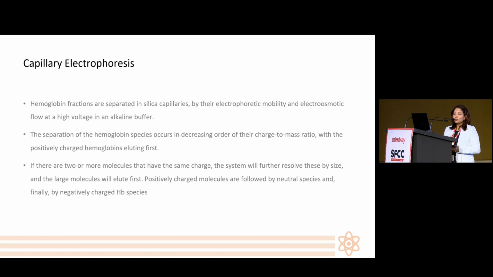If there are two or more molecules that have the same charge, the system will further resolve these by size, and the larger molecules will elute first. So, overall, the positively charged molecules are eluted first, followed by the neutral species, and then finally the negatively charged hemoglobin species.